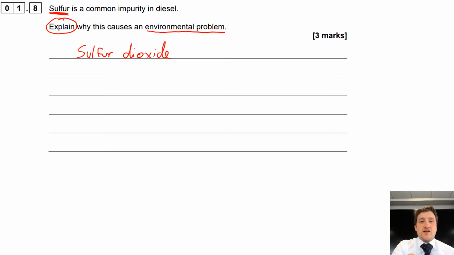So, sulfur dioxide is produced. Okay, we could use a word equation or a symbol equation. In reality, they're not asking for this. They're just asking for what is produced. So, sulfur dioxide is produced, so what? Well, that makes acid rain. Again, so what? Well, acid rain damages lots of things actually.